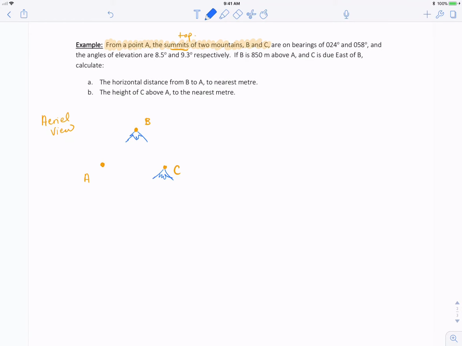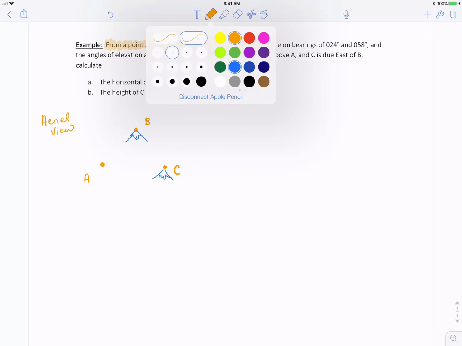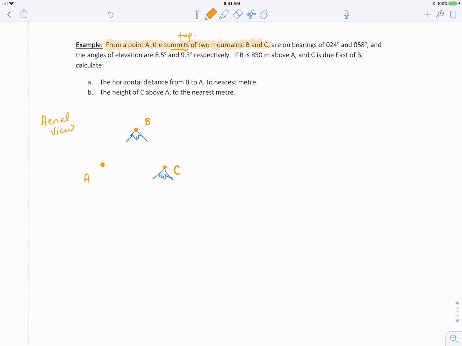If I look here, it tells me a little bit of information. It says that these two mountains, B and C, are on a bearing of 24 and 58 degrees from point A. So from point A to B, a bearing of 24 is relative to true north.